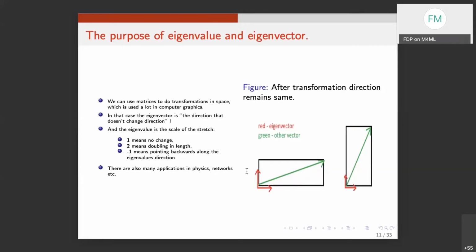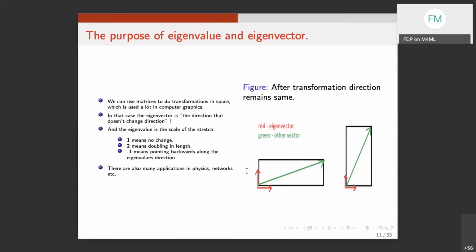Whether I stretch horizontally or vertically, the direction does not change. So that's the reason we call these vectors special vectors, which do not change direction.